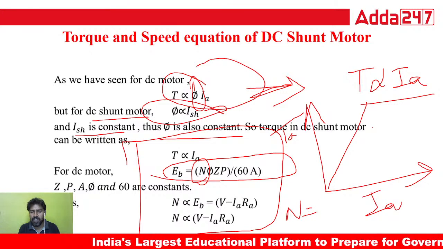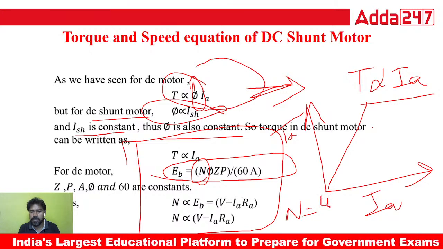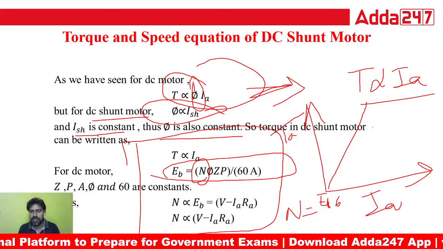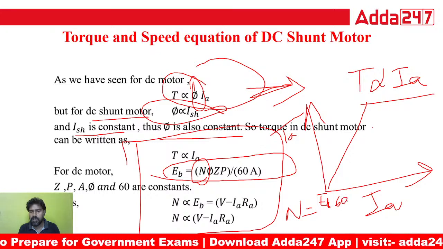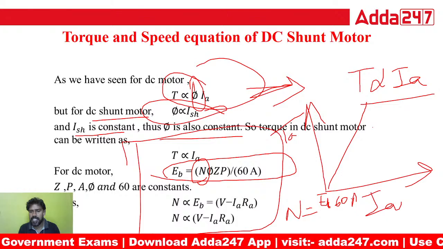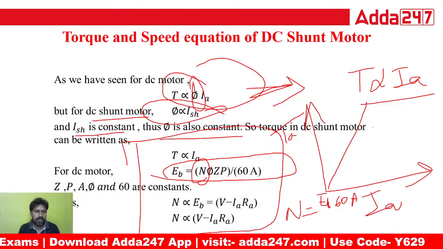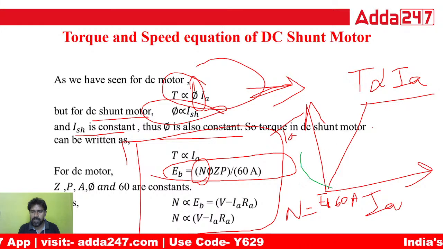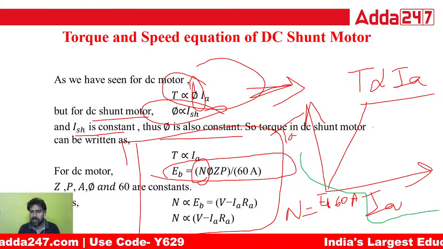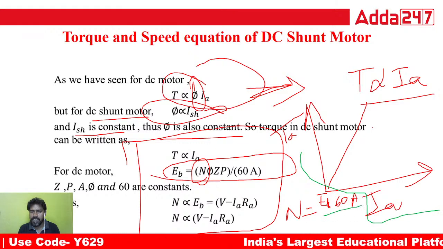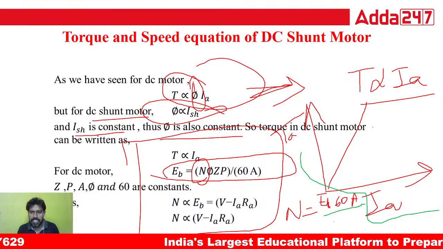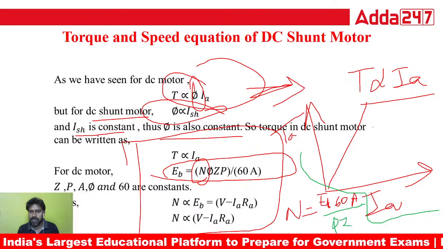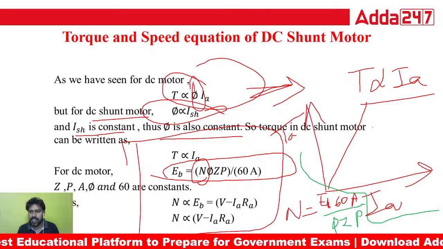Then what equation will you get? E_b into 60 into the number of parallel paths A, divided by the flux term, Z term, and P term.